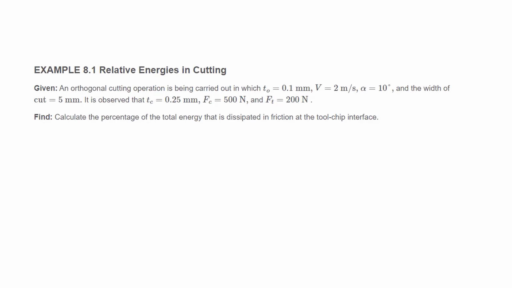And we already know that the friction energy equals F, the friction force along the rake face, multiplied by Vc, and Vc is the chip speed. Right? Force multiplied by this guy's speed equals the power.